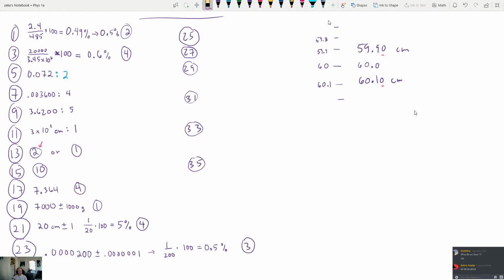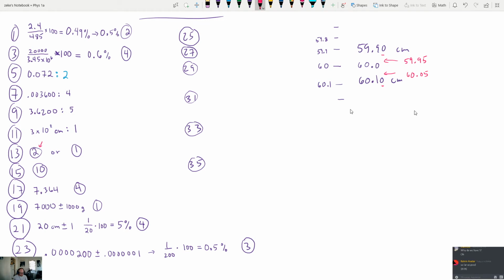What number could fit between 59.90 and 60.0? Right in the middle of those two numbers: 59.95, right? And in between these, you would have 60.05, right?